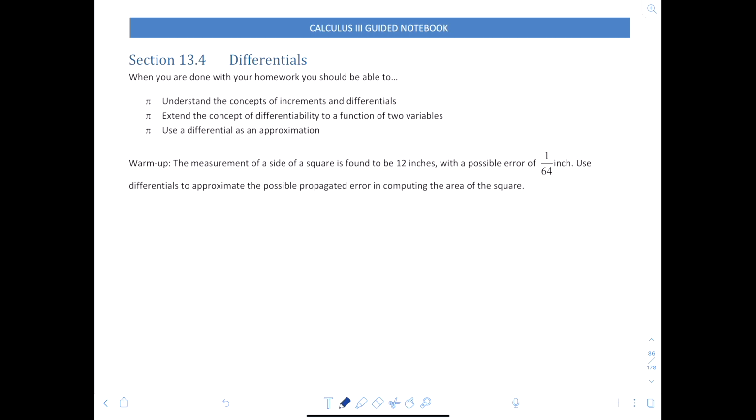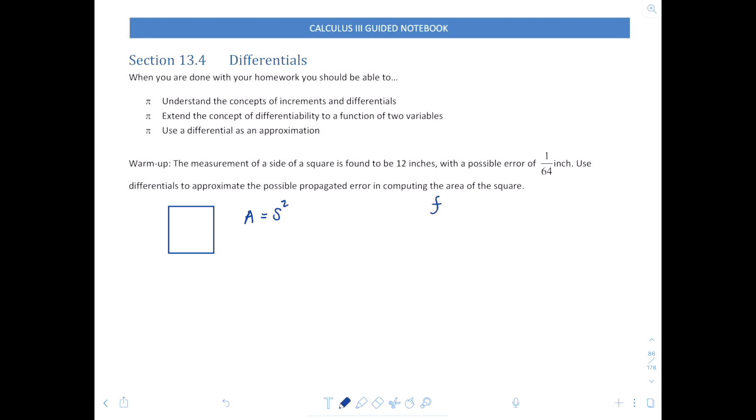If we're taking a look at a square, with this square, remember, of course, that the area of a square is equal to the side squared.